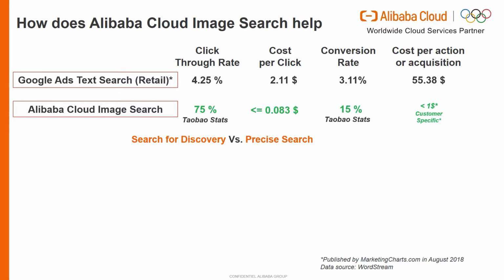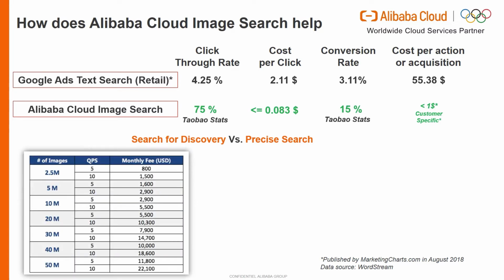For more details about the pricing model, as you can see on the left, the pricing model is defined by two parameters. One is the number of images in storage. Second one is QPS, which means query per second. You can consider it as bandwidth.